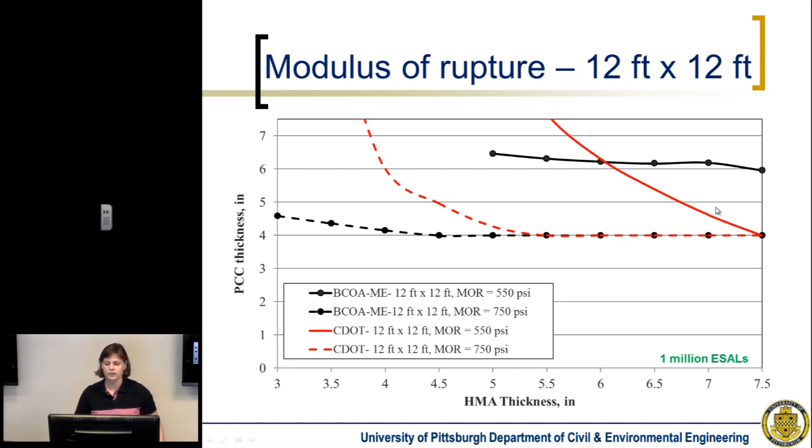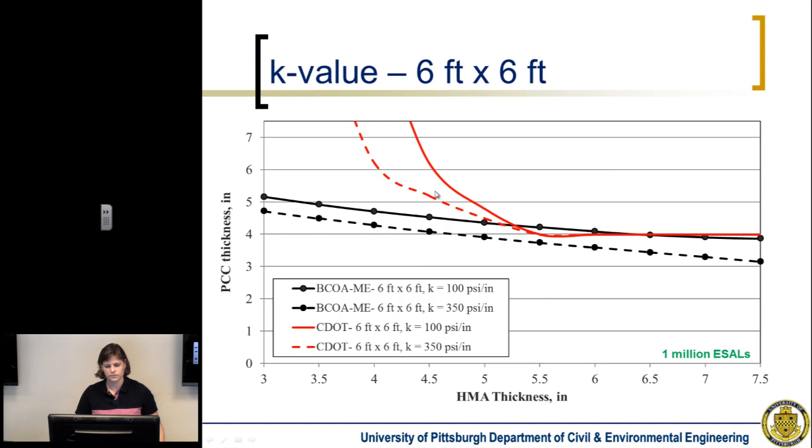For the lower strength, you see that it's a lot more sensitive with changes in asphalt for the original procedure, the Colorado procedure, and a little bit more stable for the BCOA-ME procedure. And you see that stability in the BCOA-ME procedure at this end compared to the Colorado procedure as well.